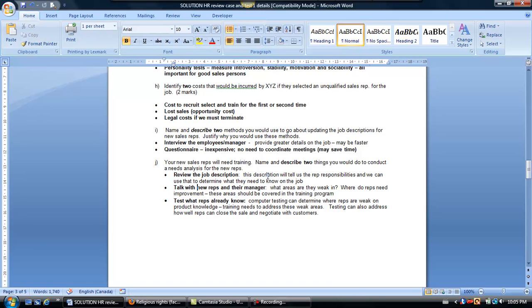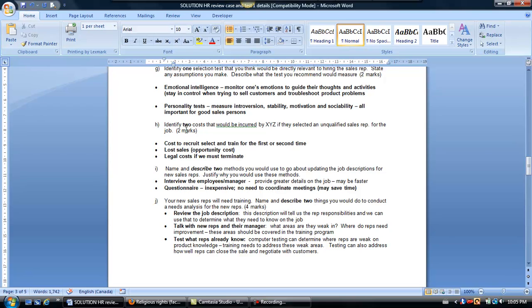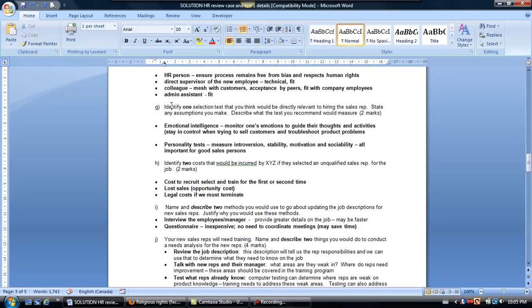So that's basically your first little case. That would maybe be worth 4 marks, right? So you'll notice here we ask you to name and to describe. So you're naming the method, and then down here you're describing. So this is where your descriptions are. So you noticed even here we identify costs, we describe them a bit, we identify a selection test, we want you to describe the test as well.